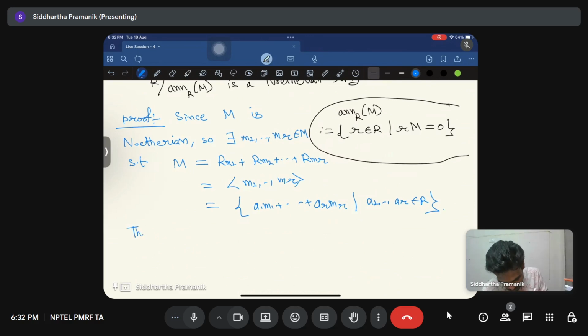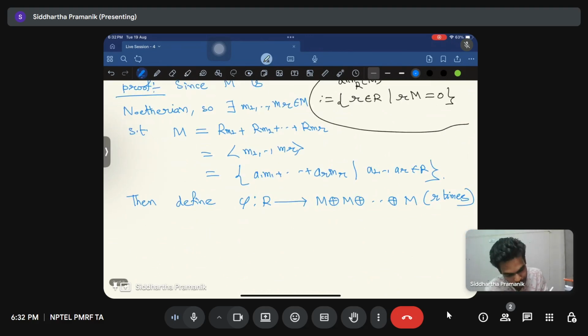Then define a map from, okay, just R. Let's take just R to M direct sum M dot dot dot direct sum M, R times. So we are taking the direct sum of M up to R times. So how is this map defined?